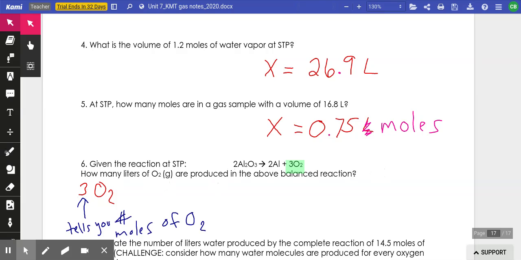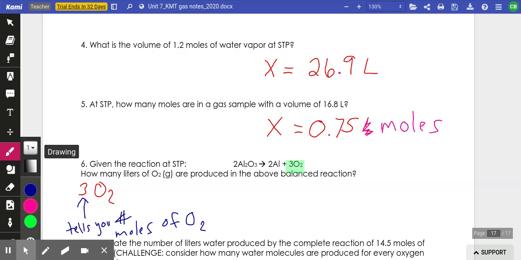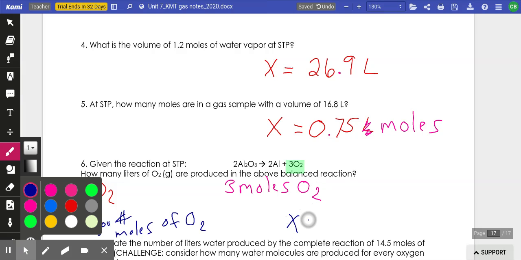So if you know that 3 moles of oxygen, can you solve this problem? When you solve this, you should have gotten an answer of 67.2 liters if you used 3 moles of oxygen.